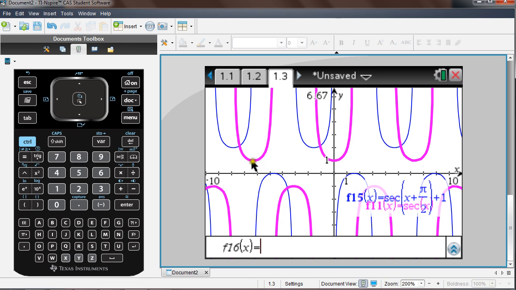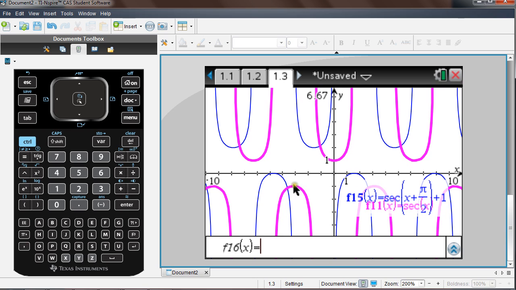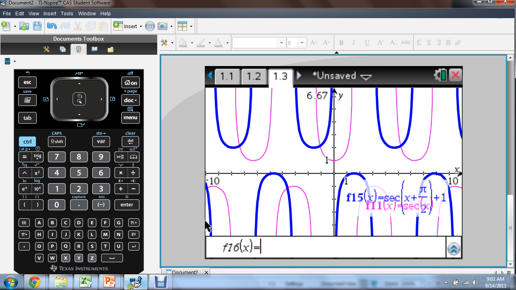Moved up 1. Let's go from here. Move to the left about 1.5. Up 1. Down here below the axis. Move to the left about 1.5. Up 1. Still just moving the graphs the way that those original directions said to.